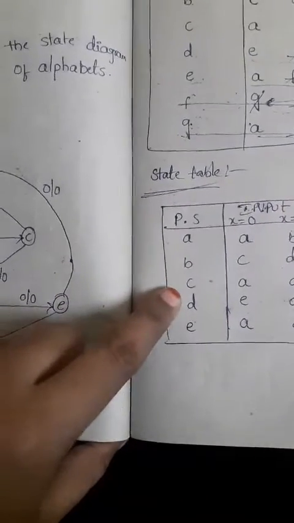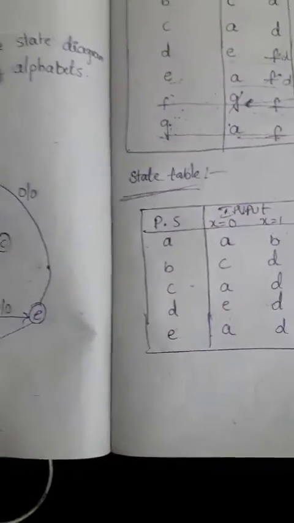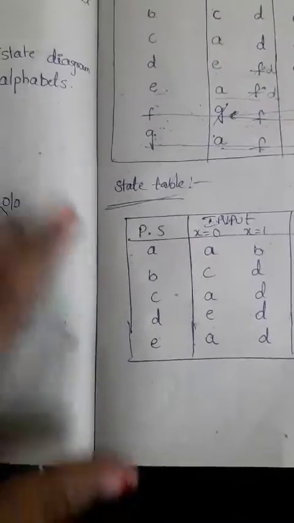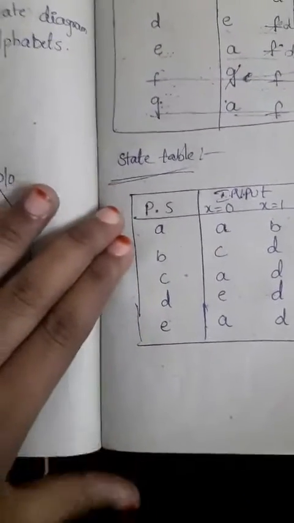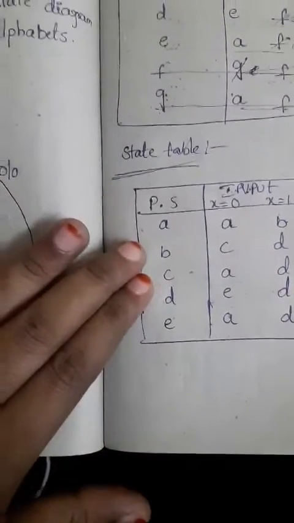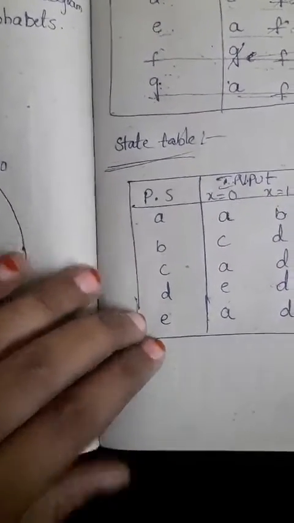So here if you observe the state table, the states are represented using alphabets such as A, B, C, D, E, right? So we can't proceed further when the states are represented as alphabets. So we are supposed to assign some binary representation to them.